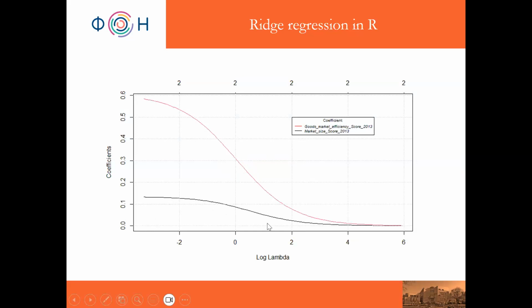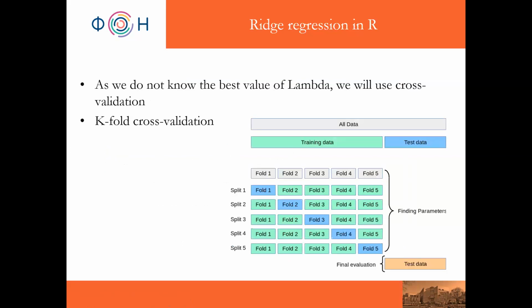At the same time, we can see, for example, that the indicator goods market efficiency score drops in value pretty quickly if lambda increases. So this can be a nice addition to your analysis if you are conducting ridge regression.